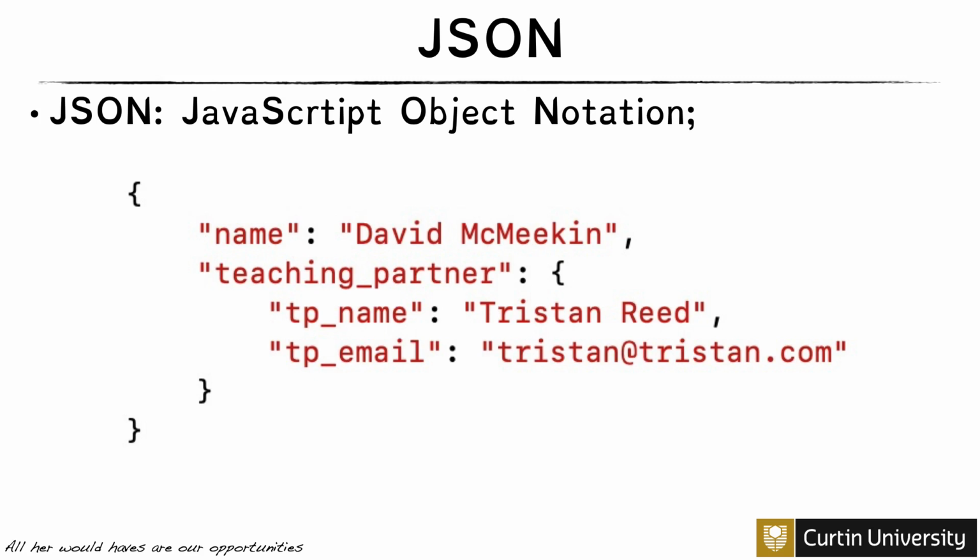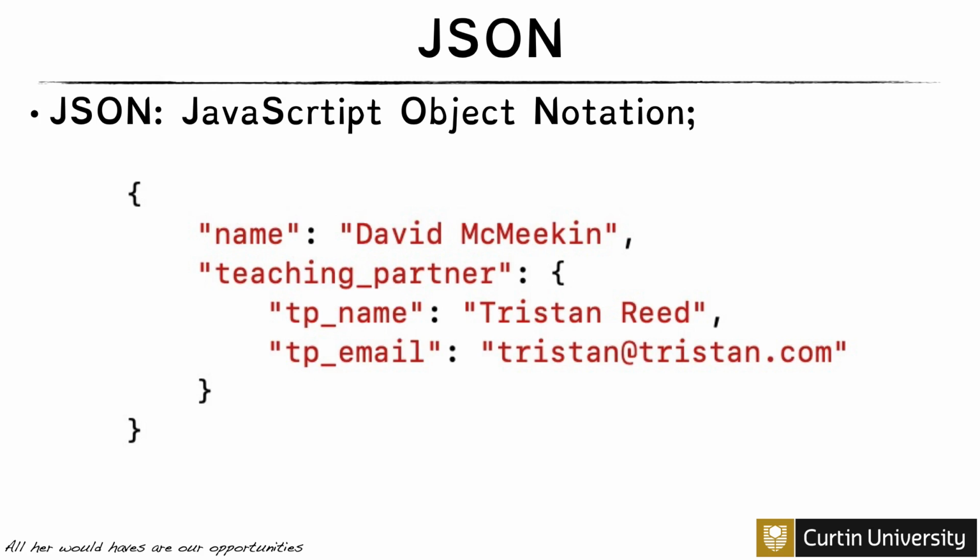And then we've got teaching partner, and then open curly brackets. And then we have some more information. So you can see we're developing here with our open curly brackets and then another set of curly brackets. We're starting to build a hierarchical type of object.